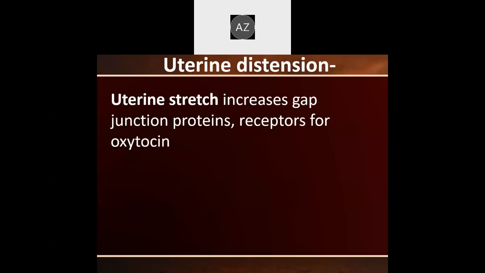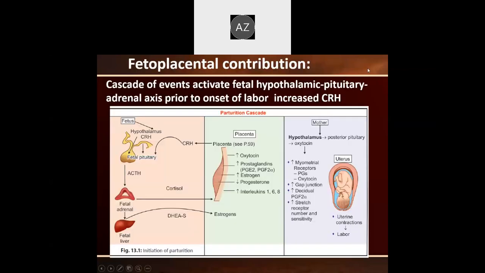The placenta and the tissues and the membranes involved, they stretch the uterus and the walls. The stretch results in an increase in gap junction proteins. Then the receptors for oxytocin as well tend to open. With the opening of these, we're going to have spontaneous influx of calcium, and all this is going to trigger labor, contraction of labor. That's the first theory.